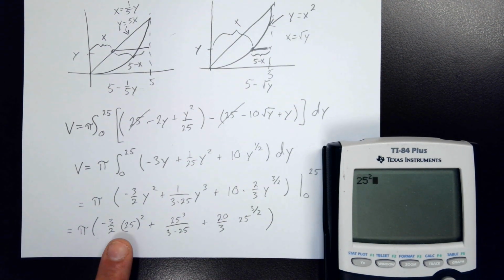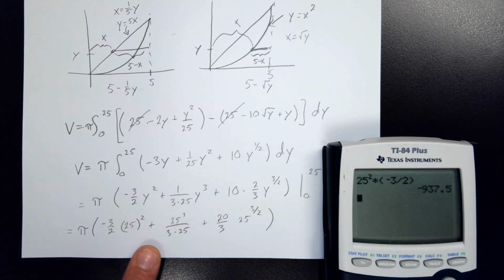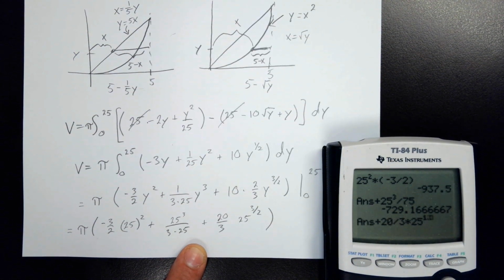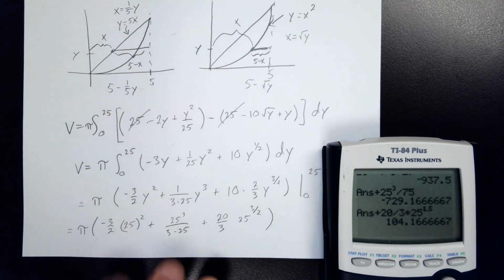25 squared times negative 3/2 is that number, plus 25 cubed divided by 3 times 25 is 75. So now we're at this number, plus 20 over 3 times 25 raised to the 3 halves, or 1.5, gives us this number.